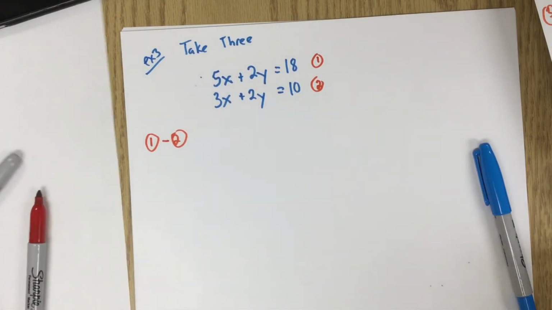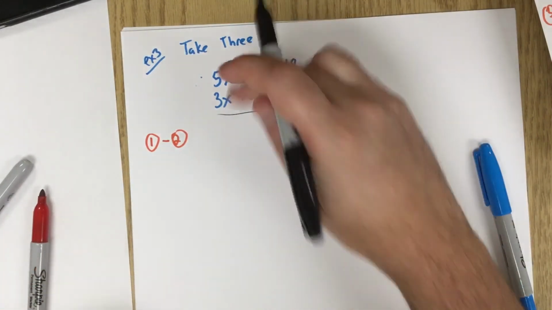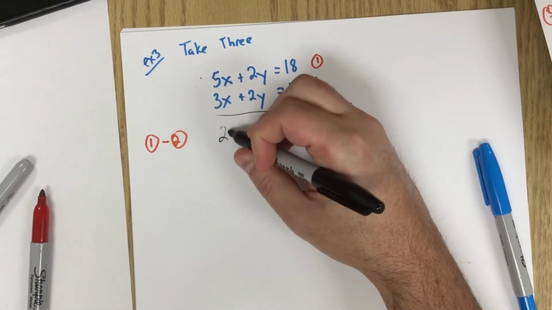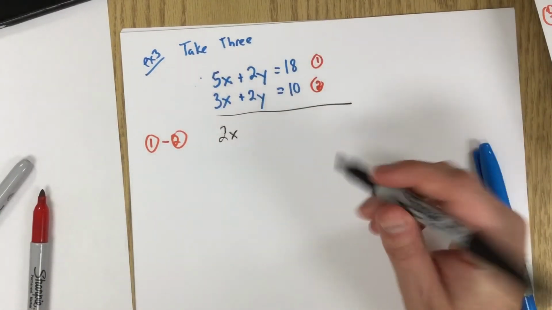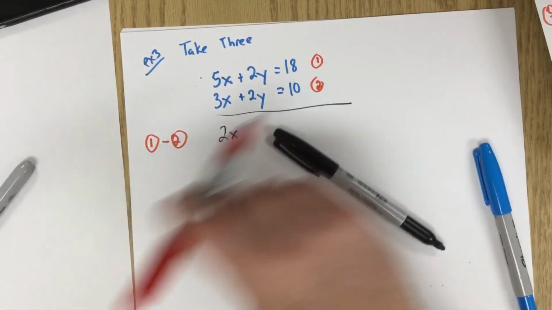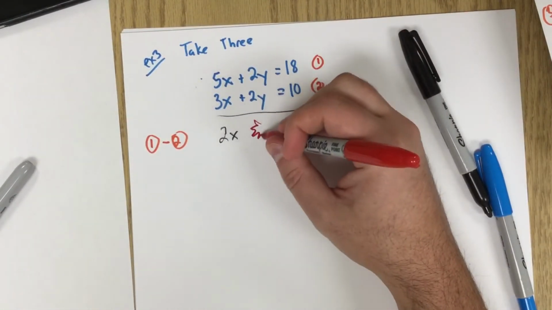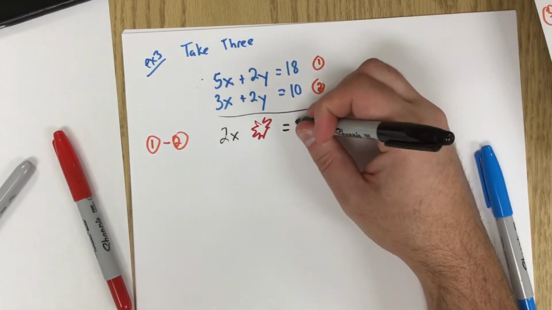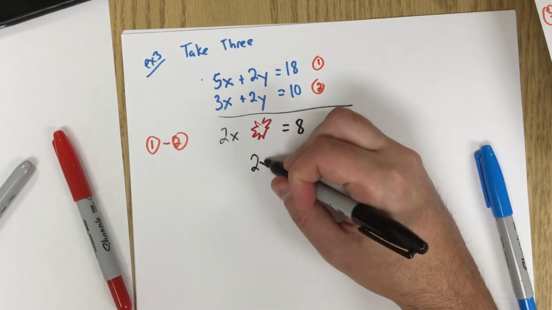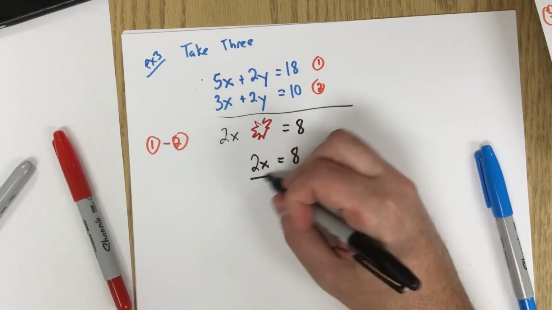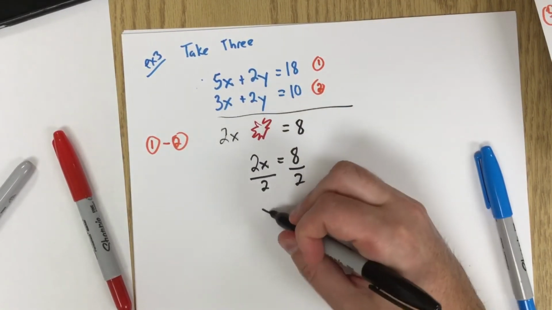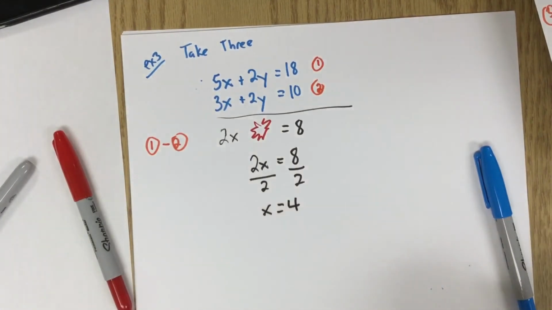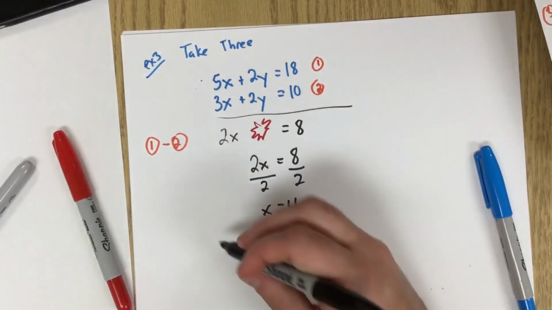So equation 1 minus equation 2, 5 minus 3 is 2x. 2 minus 2 is 0. And 18 minus 10 is 8. So 2x equals 8. Divide by 2. x equals 4. And then we're right back to where we were before, right?